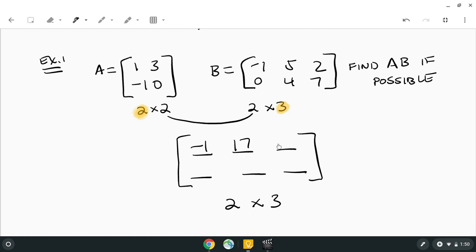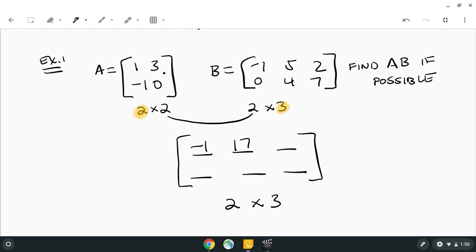So let's go to the next one. I'm still in the first row, but now I'm in the third column. So I'm going to use my first row over here and my third column over here. Okay? Because this is in the first row, third column.